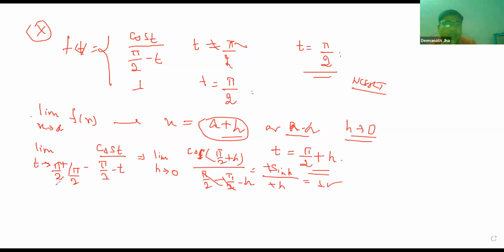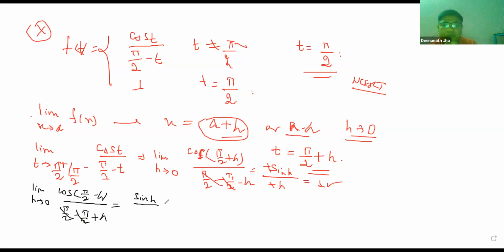Now, if you take pi by 2 minus h, you will write limit h tends to 0 of cos(pi by 2 minus h) divided by pi by 2 minus pi by 2 plus h, equal to sin h by h.